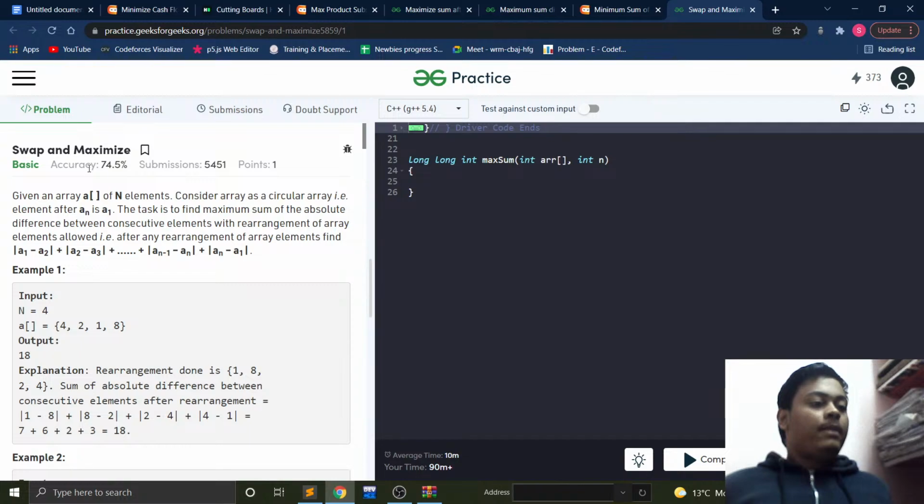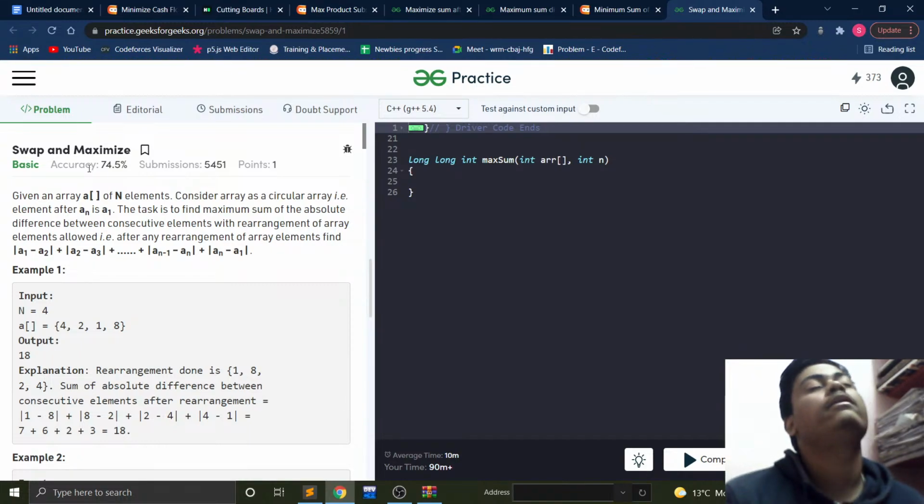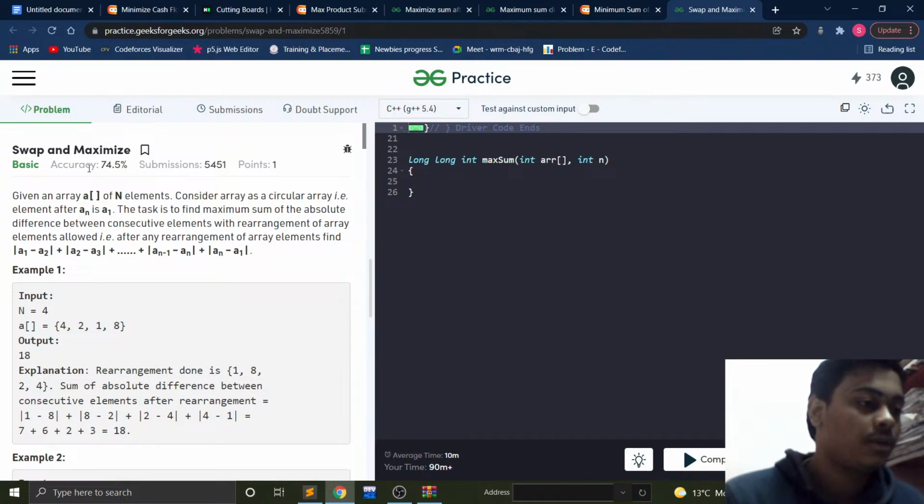The task is to find the maximum sum of the absolute difference between consecutive elements, with rearrangement of array elements possible. That is, after any rearrangement of array elements, find it.